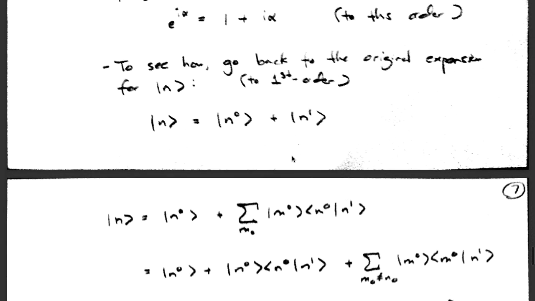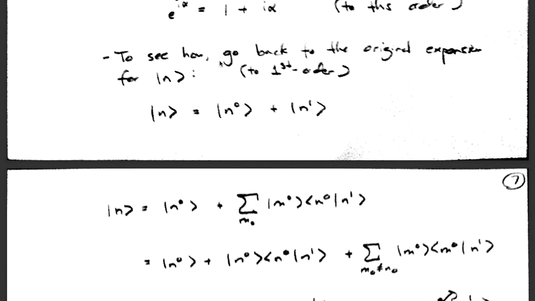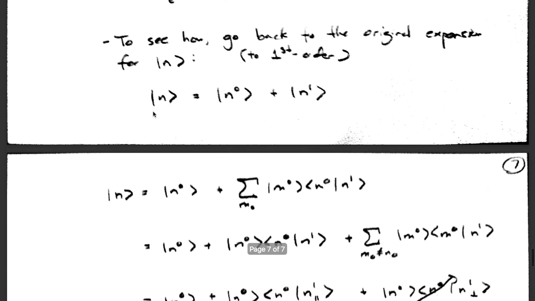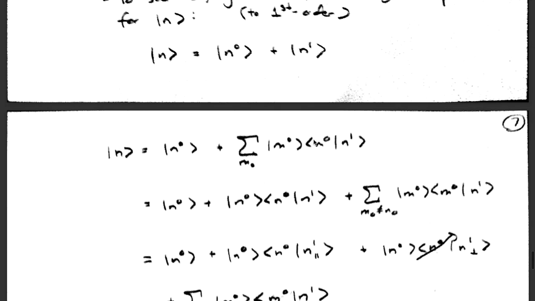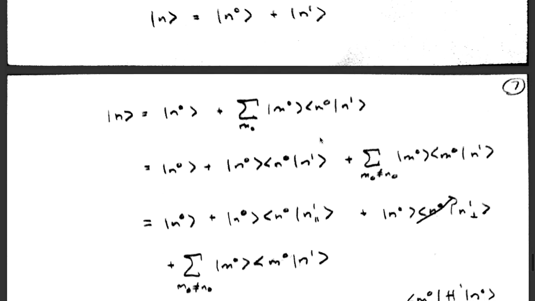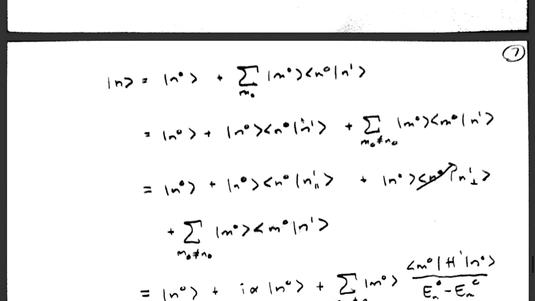Okay, so let's see how we can use this. Let's go back to the original expression for n, which looks like this: it's n0 plus n1. In front of this n1 term, I'm going to multiply by 1 in the form of my completeness relation, where the completeness relation is in terms of the unperturbed kets. What I want to do is pick out one term.